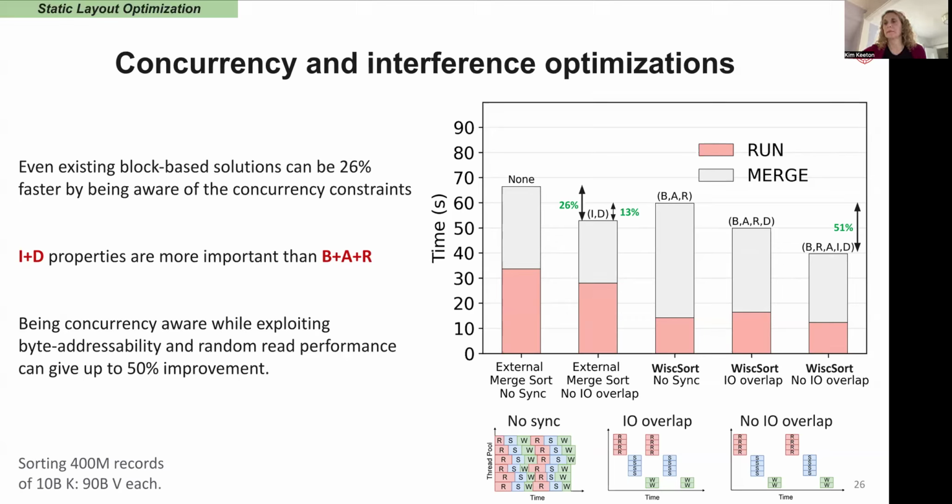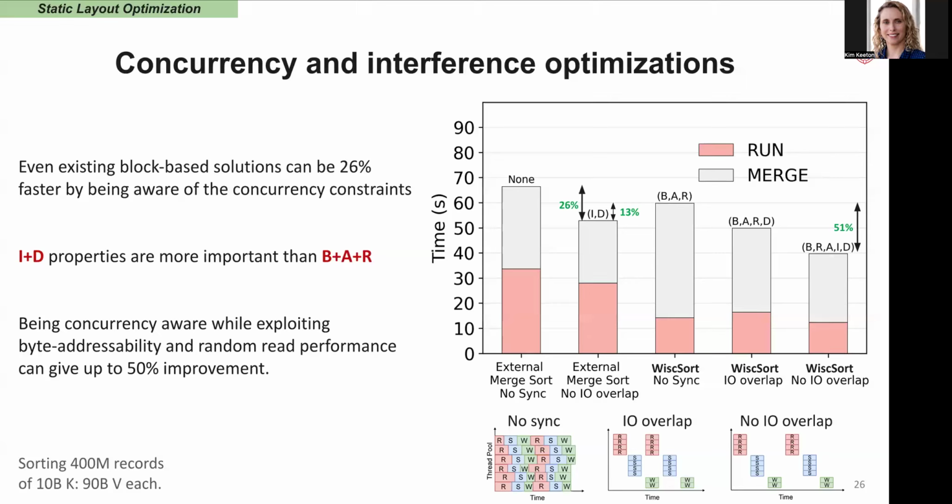for this device, right? So here, the no sync means that you're overlapping, and then there is interference between reads and writes. Which is why in the WiscSort no sync approach, you only see B, A, and R on the top of the graph, which means it's not complying to the I and D properties.